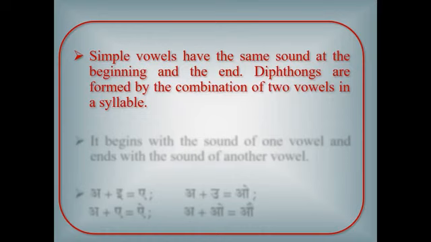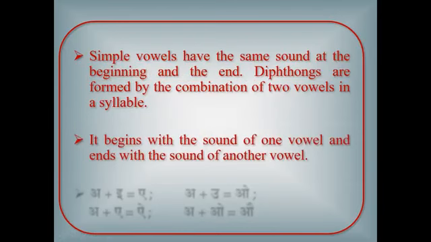Whereas for a conjunct, it is not so, because the sound begins at one place of the mouth and ends at another. We saw 4 conjunct vowels: A, I, O, Au. When you say A, the sound starts from the throat and ends with the palate. What is the palate?